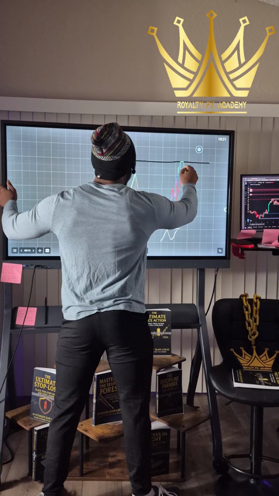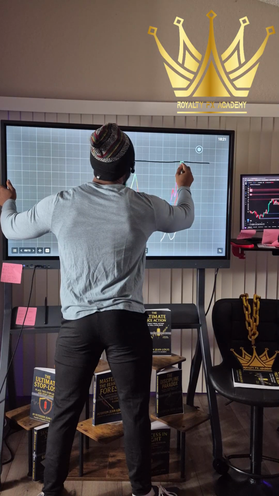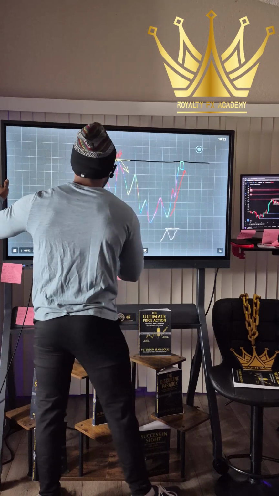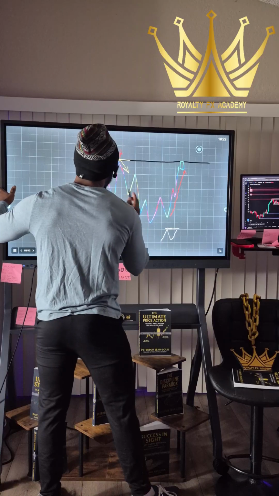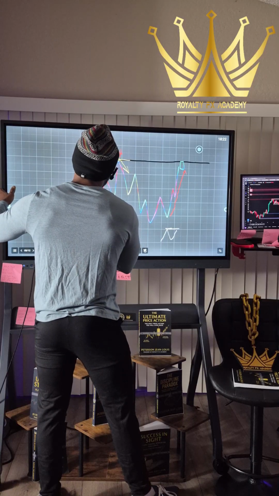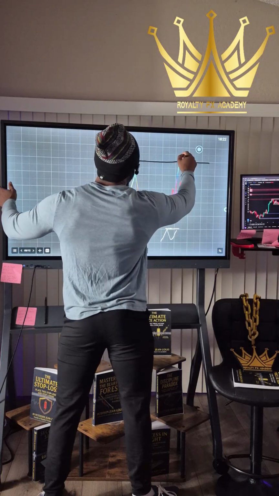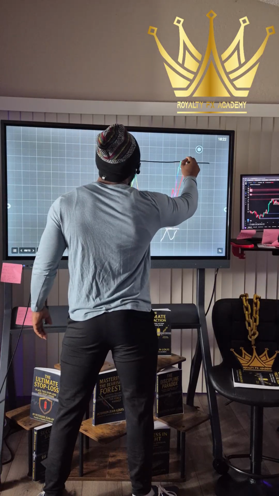And then comes down, okay, to close. Now, what I mean by that is, I'm going to show you real quick. It went up like so. I'm going to go ahead and draw another one to show you how it would look when it comes back down, right? It went up, but when it went up, it came back down.